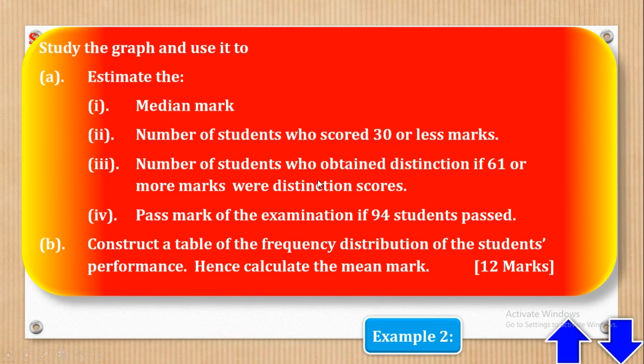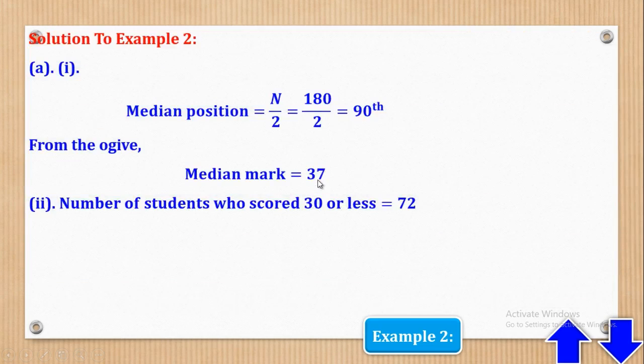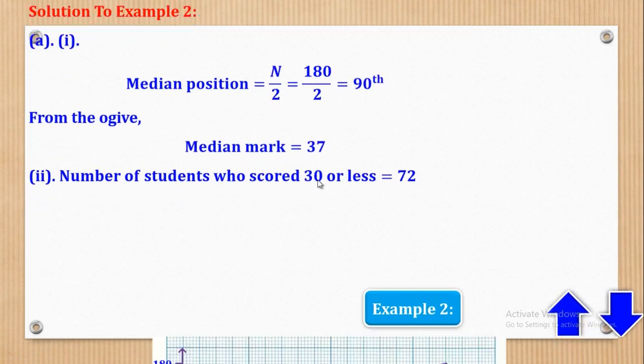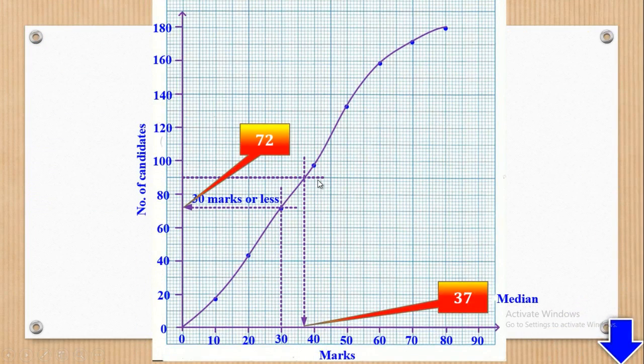The next was that Roman 3, the number of candidates who obtained distinction if 61 or more were distinction scores. So what we shall do, we shall first come and look for those who scored below 61. So we shall come at 61 and take a vertical line upwards to meet the curve, then take a horizontal line to meet the vertical axis, and read off this value.